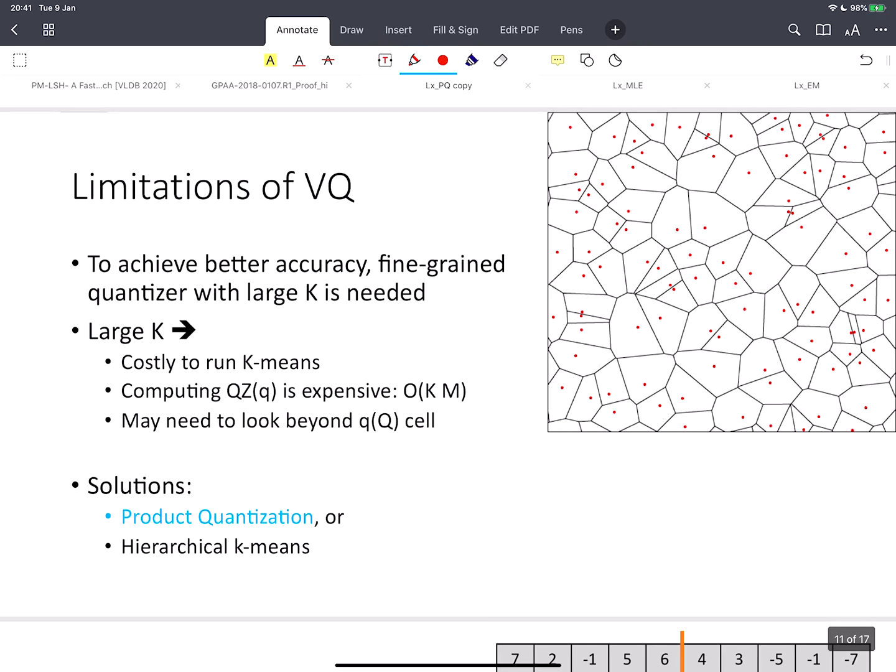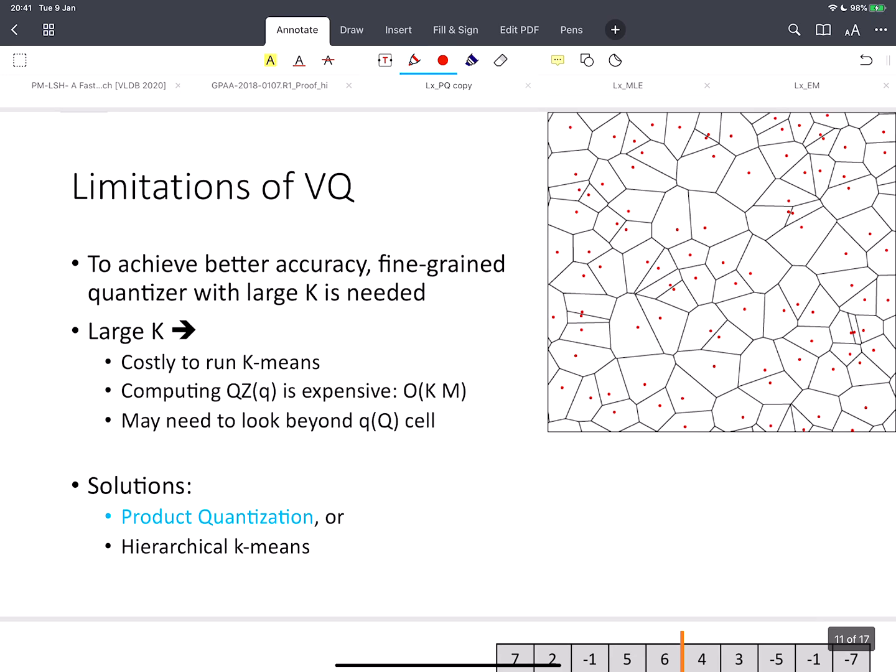The limitation of PQ is that in order to achieve better accuracy, a fine-grained quantizer with large K is needed. This helps make sure that the code word and the data points are not too far away from each other. If they are close, then the distance is well approximated.